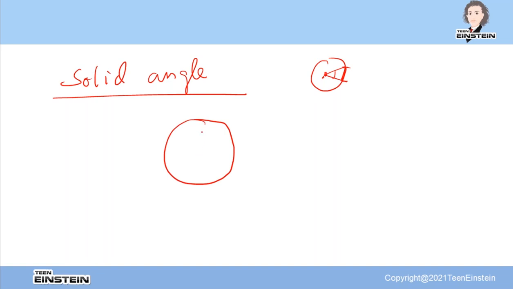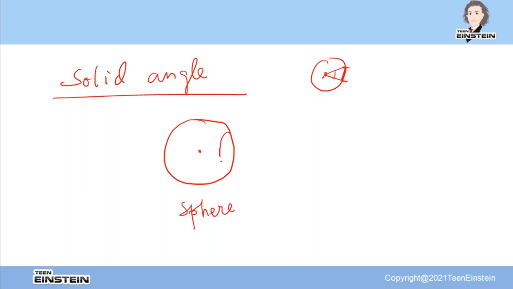But if I have a sphere, like a football or tennis ball, whatever you take, you can take a shot put ball also. So that is a solid sphere. Suppose I have a sphere here. This is actually a surface.